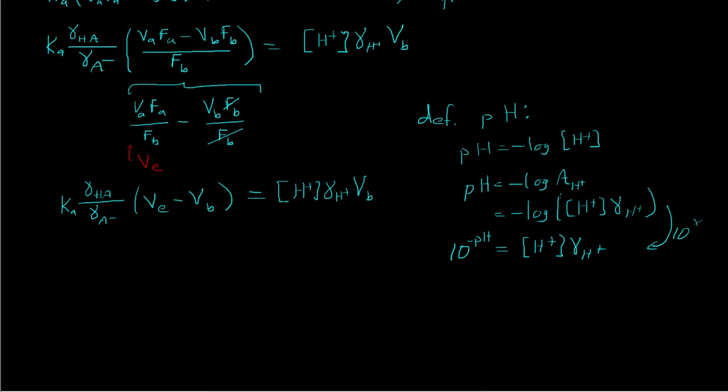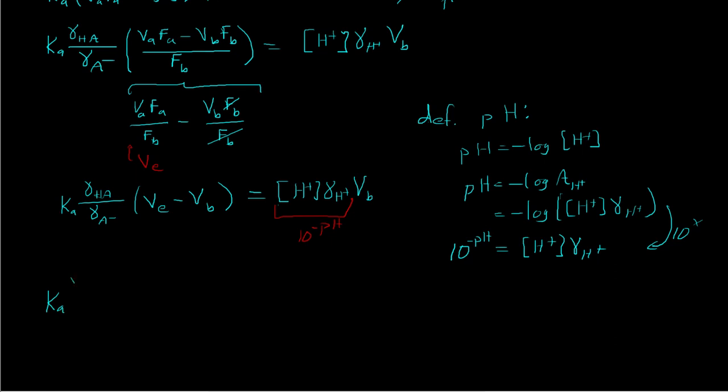You'll recognize that that's what this is right here on the left-hand side, sorry, right-hand side, yeah. So that's just 10 to the negative pH. We just figured that out. So I'm going to substitute that into this equation and multiply through a little bit more. I'm going to take this term on the left-hand side and distribute it inside the parentheses.